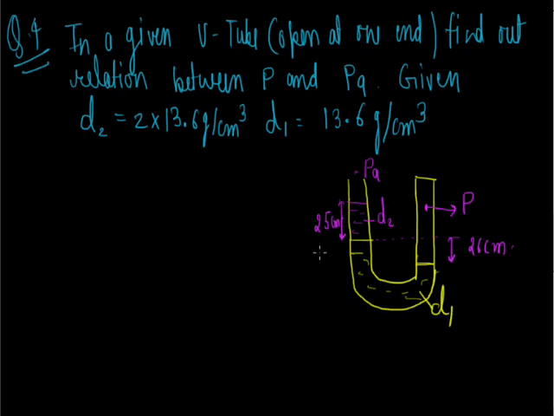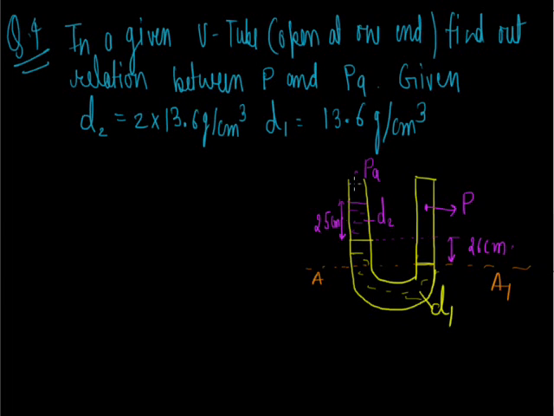So suppose we assume this line as the reference line, A1. Starting from this point, the pressure applied will be PA, so above the reference line the total pressure will be PA, atmospheric pressure, plus the pressure applied by the liquid of height 25 centimeter, plus the pressure applied by the height of 26 centimeter.